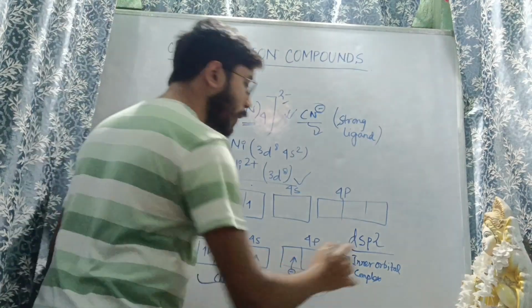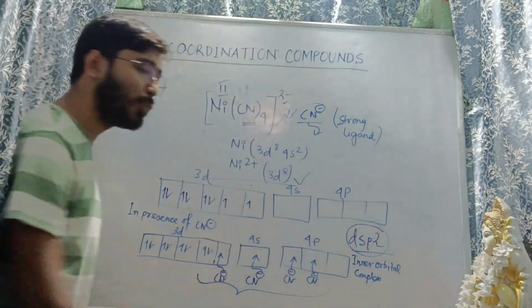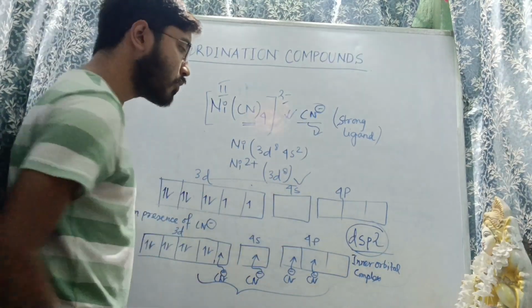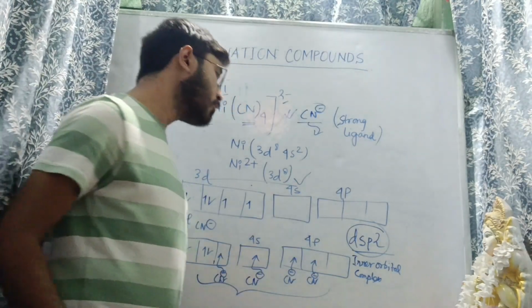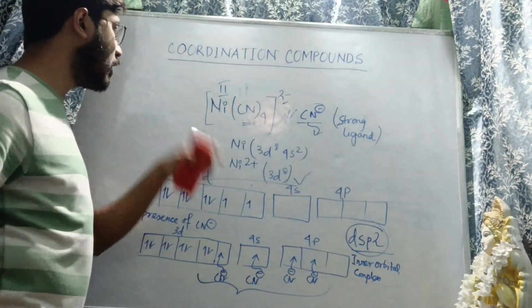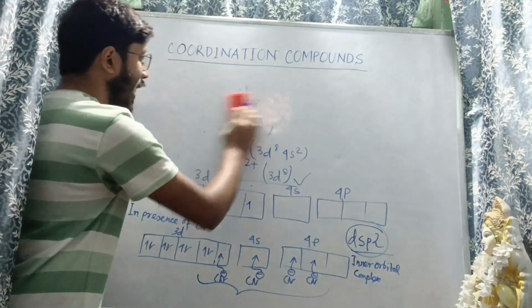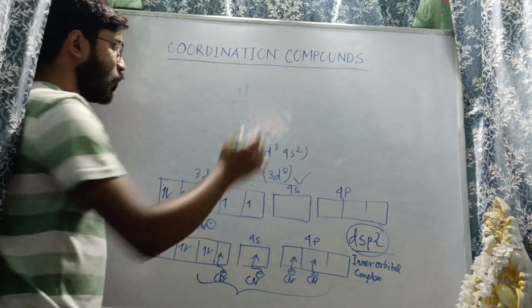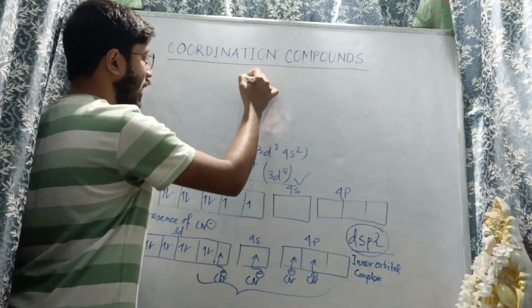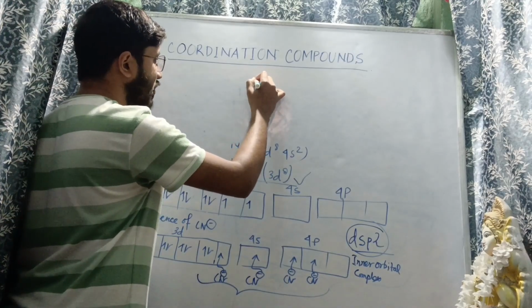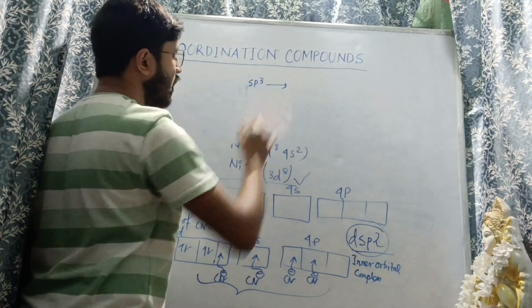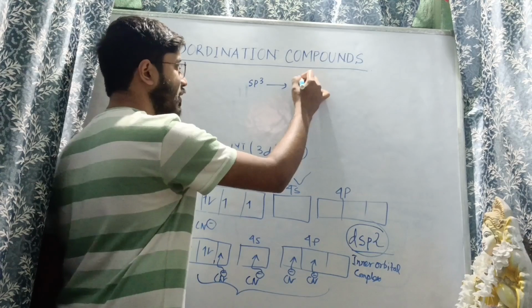So when the hybridization is dsp2, what is the structure of the molecular complex? We know that when the hybridization is sp3, the structure of the molecular complex is tetrahedral.